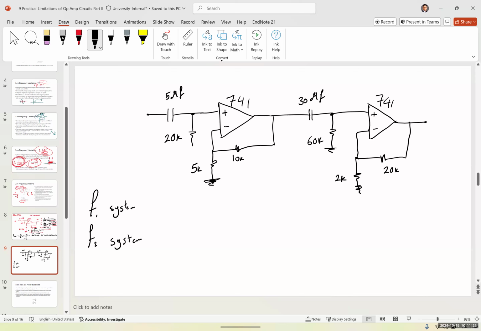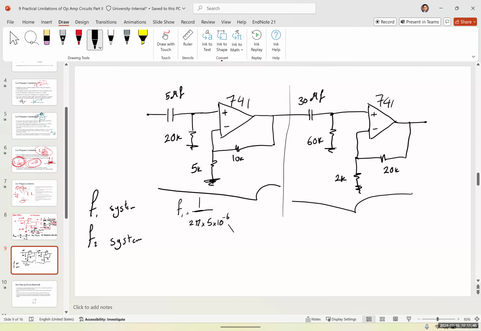Okay, what is the F1 of the system? First we have to find F1 and F2 for the first part, and then F1, F2 for the second part. So for the first part, F1 is 1 over 2 pi times 5 times 10 to the power of -6 times 20 times 10 to the power of 3.